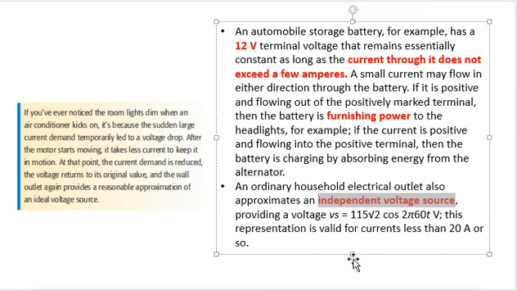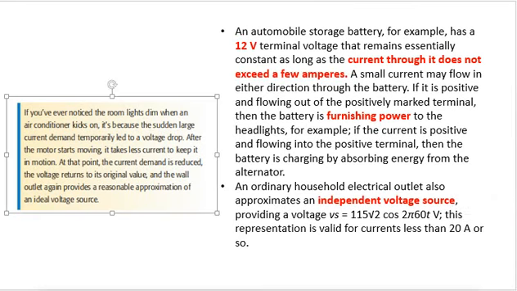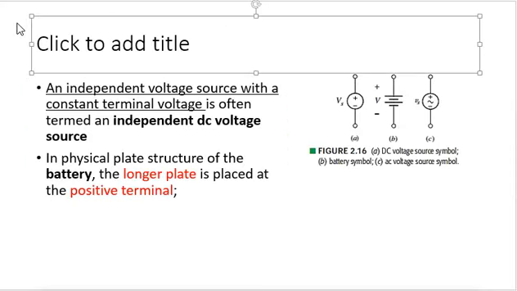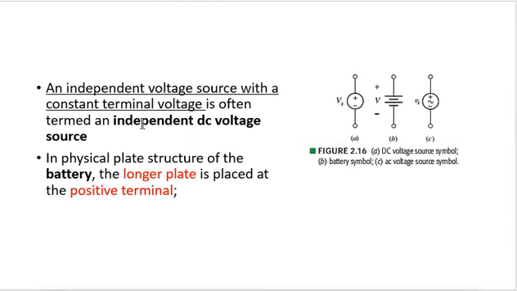An ordinary household electrical outlet also approximates an independent voltage source. Yung outlet natin, independent voltage source din daw yan. Kasi most of the time, it doesn't change. Kahit ano pa yung isaksak mo, it could still retain its voltage value, which is 220 in our case, in the Philippines.